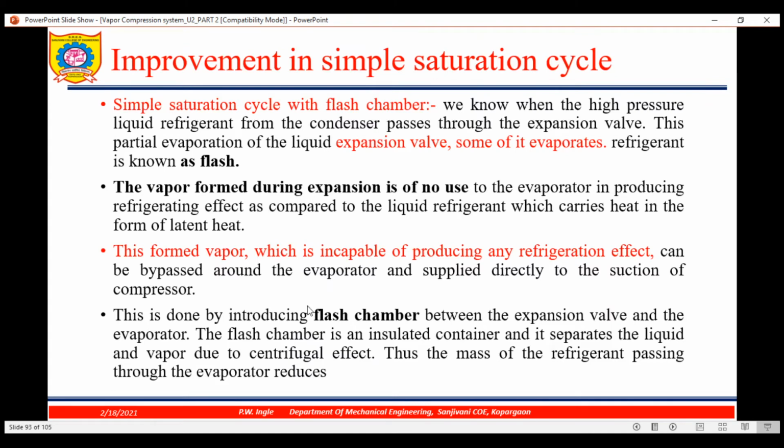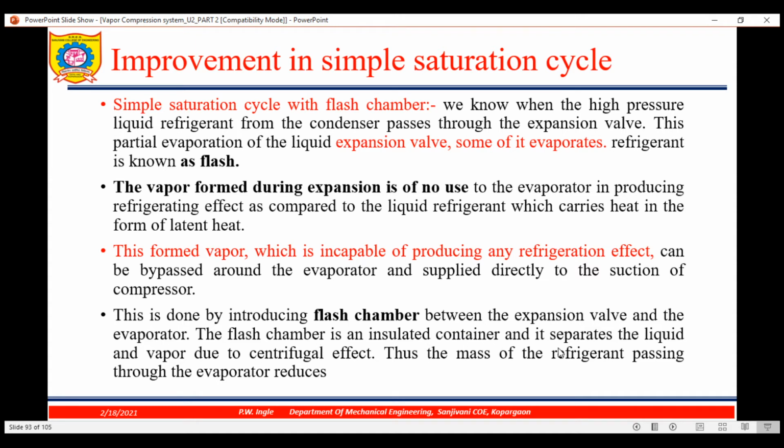Now what happens if you are supplying the refrigerant in liquid condition along with some vapor after the expansion device? The formed vapor, which is incapable of producing any refrigeration effect, can be bypassed around the evaporator, and this is done by providing a flash chamber between the expansion valve and the evaporator.